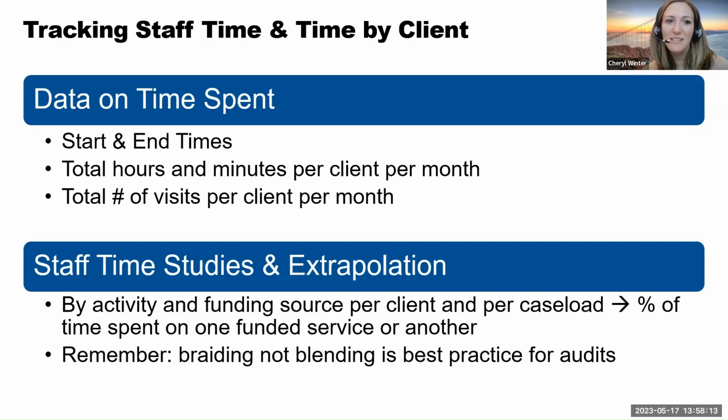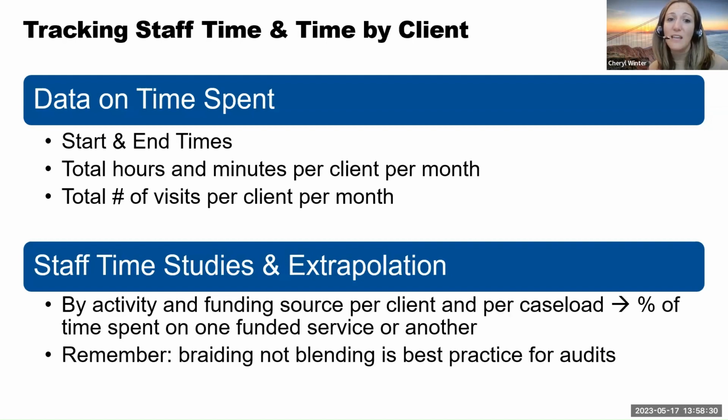because as you're moving towards tracking funding sources, it'll help you to see which services are covered under which funding source and what percent of staff time is being used for which funding source.